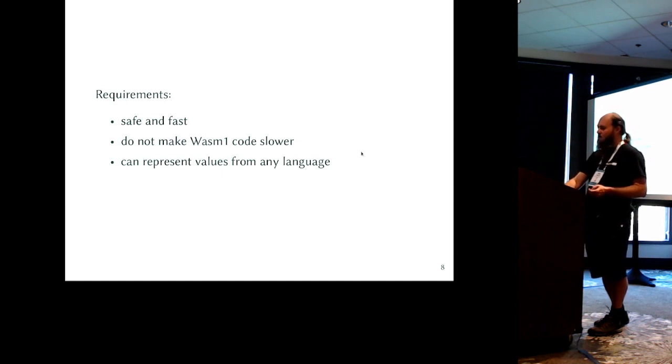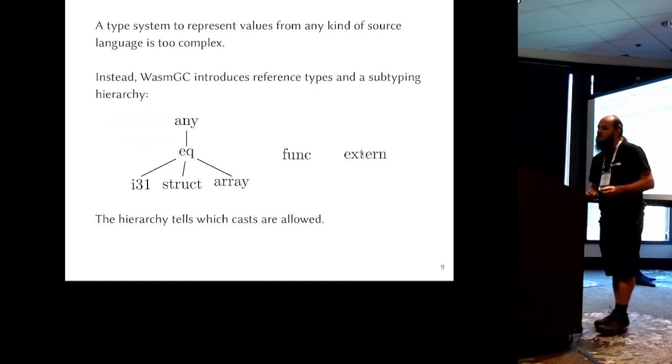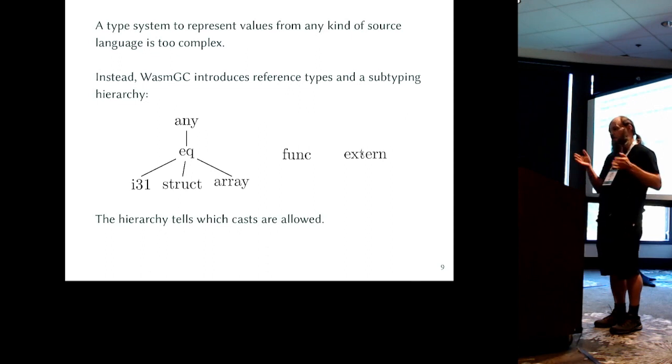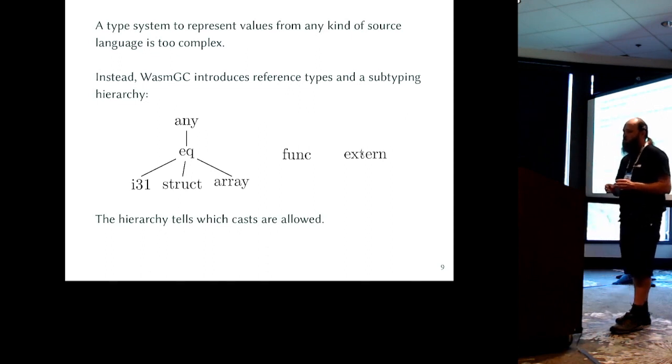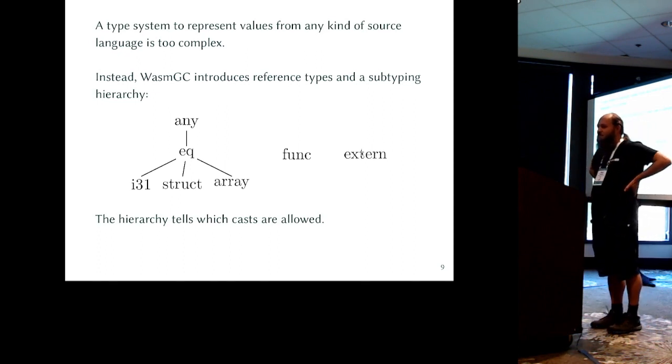So apparently OCaml was kind of a good model. The memory model of OCaml was quite a good model because it looks a lot like the actual values of OCaml. So thanks, Andrès. That's quite helpful.